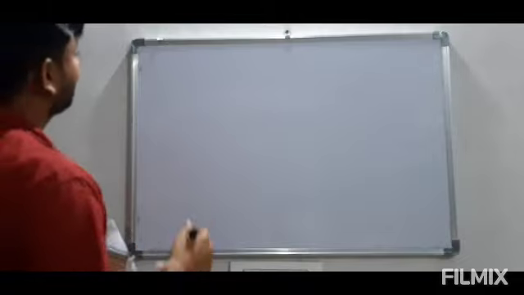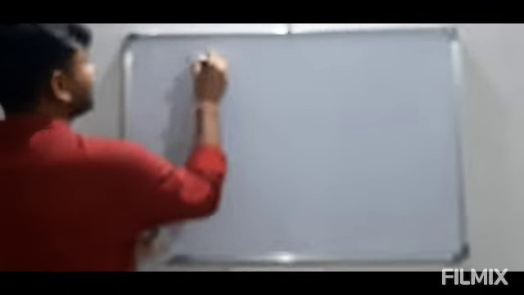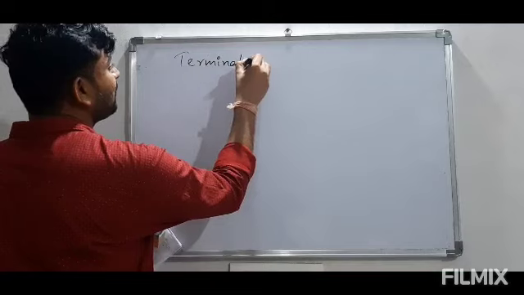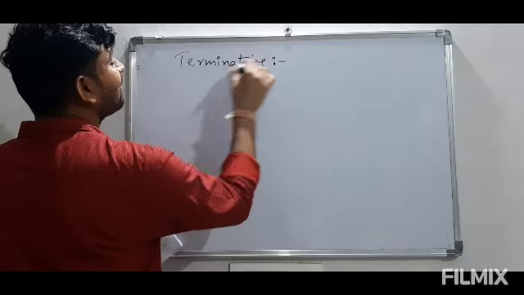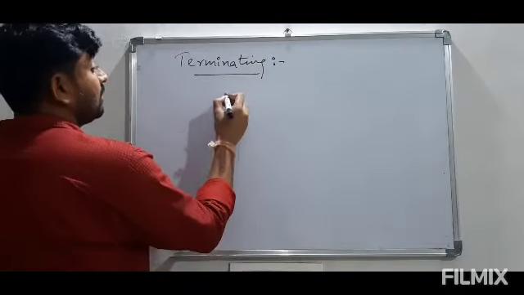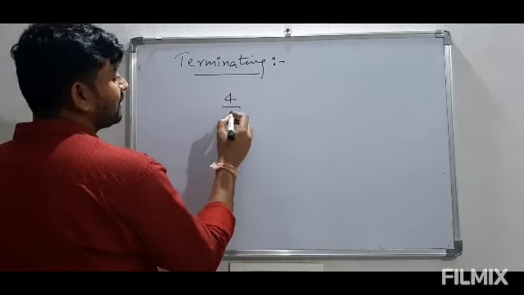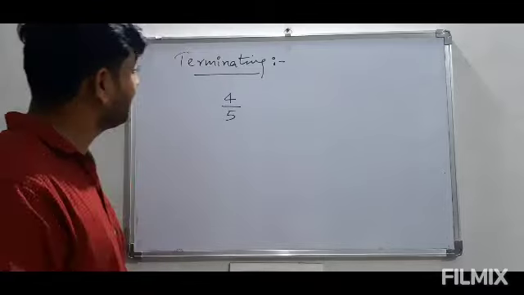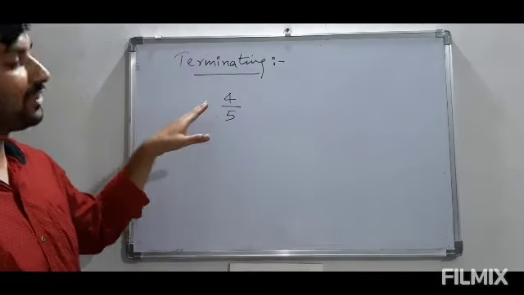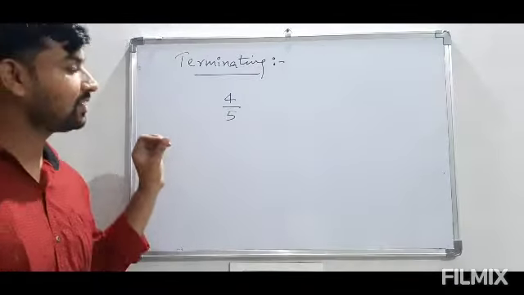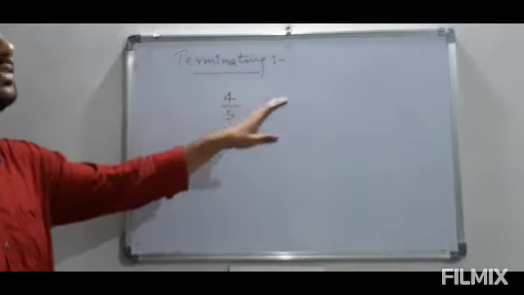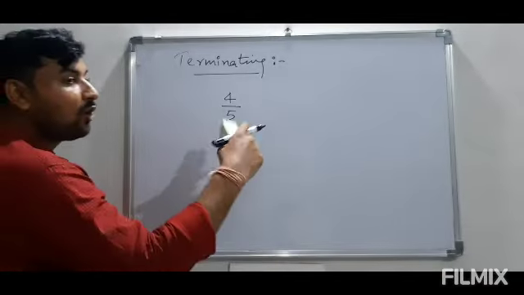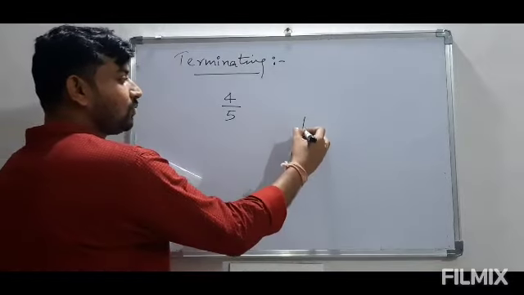So here, as we are saying, it is terminating. Now there may be a question like, if we are writing 4 by 5, after how many digits of the decimal expansion will the remainder be 0? It will be terminated after how many digits? So for this, what we have to do?